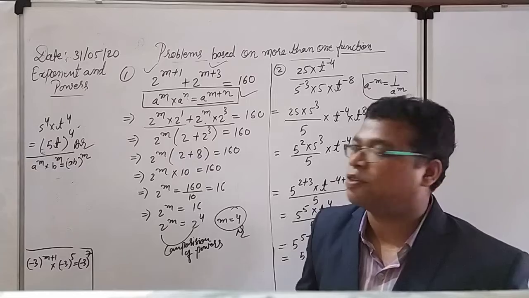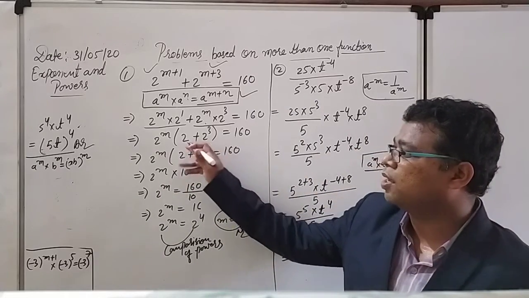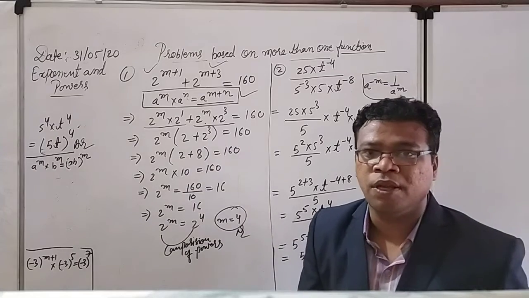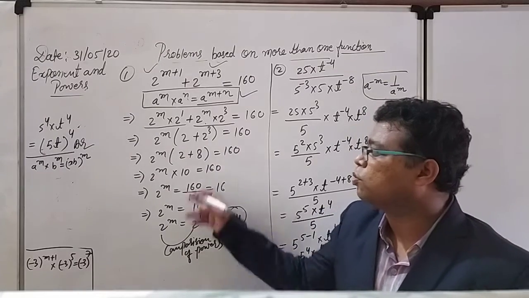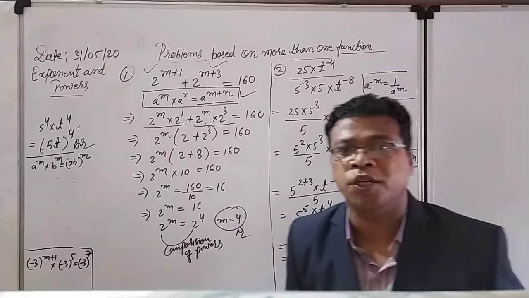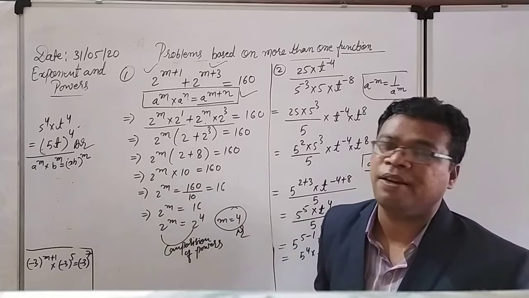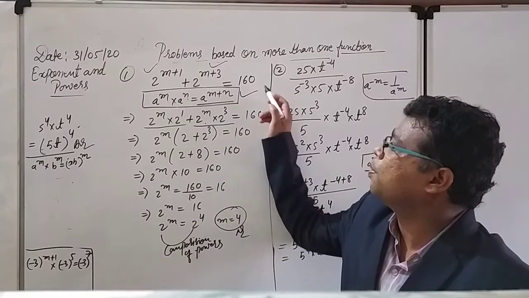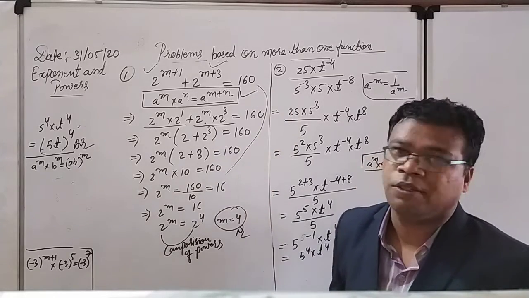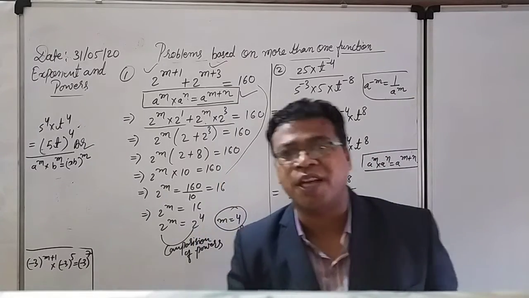Now 2 to the power m is separate. What is inside the bracket I can solve, as it is in the form of digits. 2 cube means 2 into 2 into 2, which gives me 8. In the next term, 8 plus 2 becomes 10, and the right hand side is a copy paste, no change, because first I will solve 160.